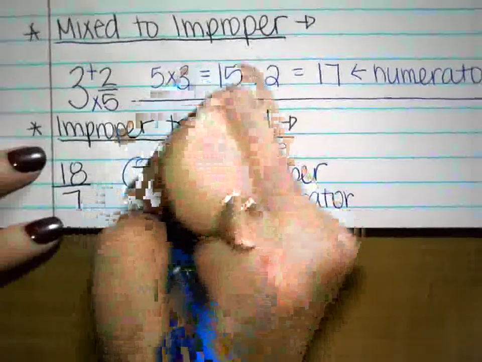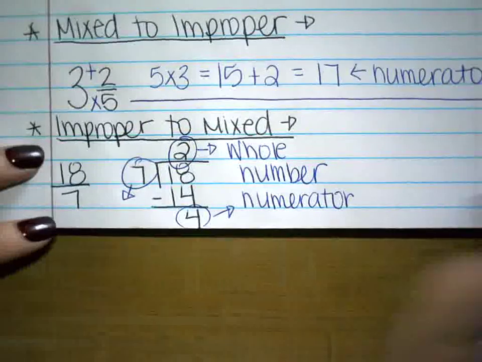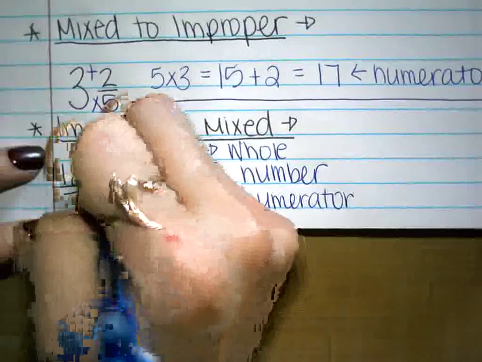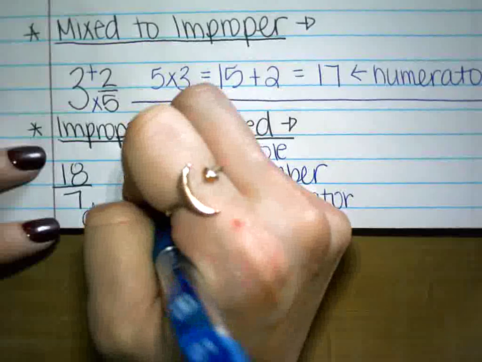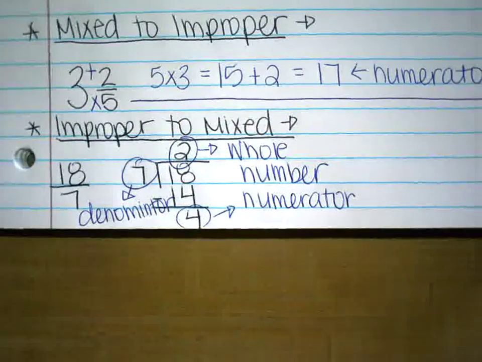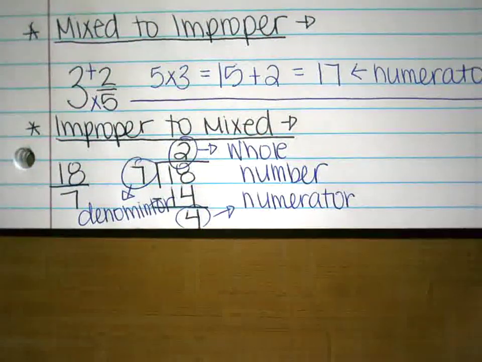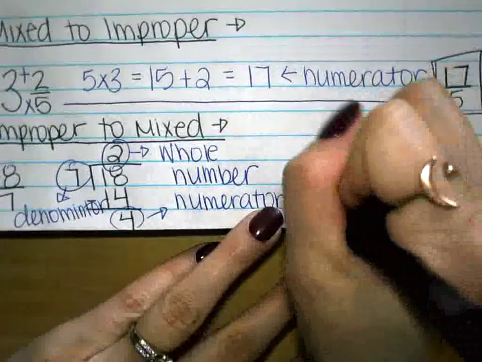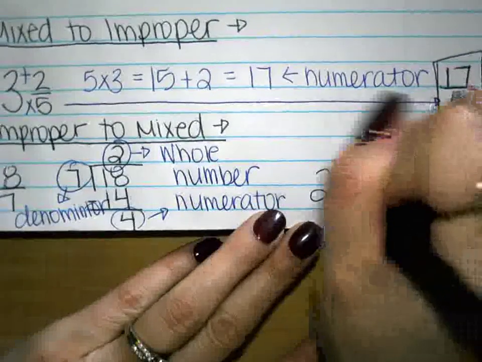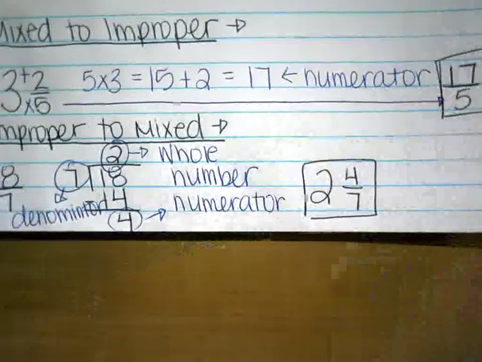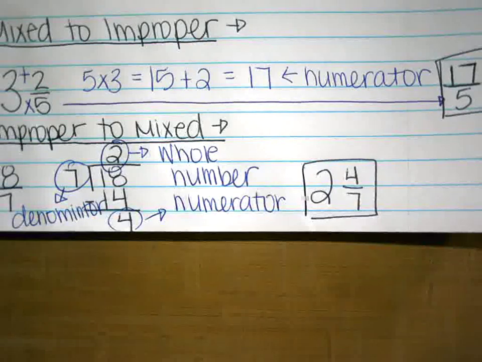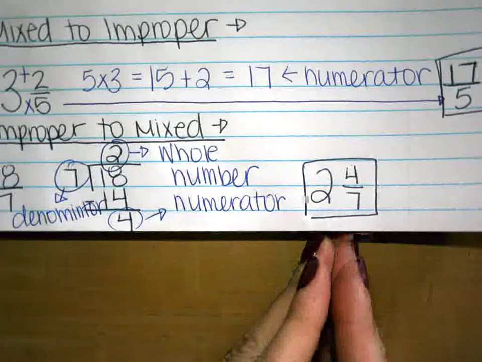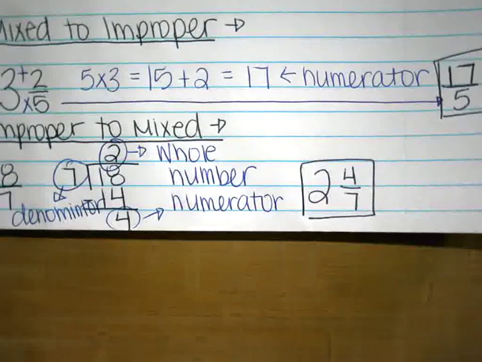And then what's the 7? That number you divided by will always be your denominator. Which means, what's my mixed number? 2 4/7.